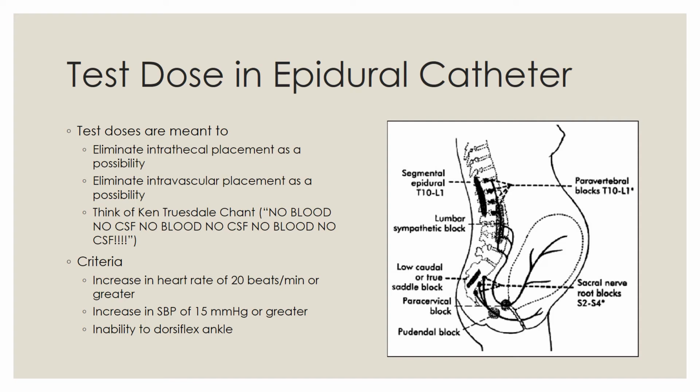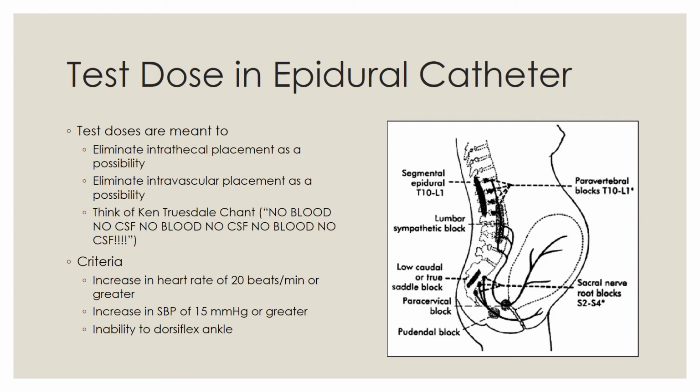So I'm not sure how many of you have worked with Ken Truesdale on OB, but every time he gives a test dose, he aspirates and chants, "No blood, no CSF, no blood, no CSF, no blood, no CSF," and the nurses kind of chuckle, but really that's important, because that's exactly what we're trying to avoid. We want to make sure that it's not in the intrathecal space. We want to make sure that it's not in a blood vessel.